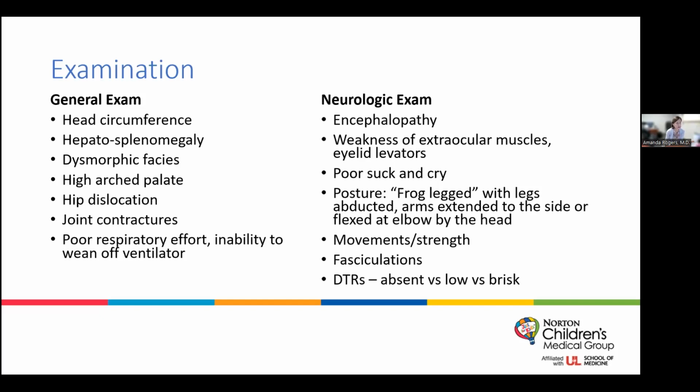In addition to tone and strength, the posture of a baby is important. So if they have that frog-legged appearance where their legs are abducted and their arms are splayed out to the side, that could be a sign of hypotonia even without actually feeling the muscle tone. And then again, we're really looking for strength here.